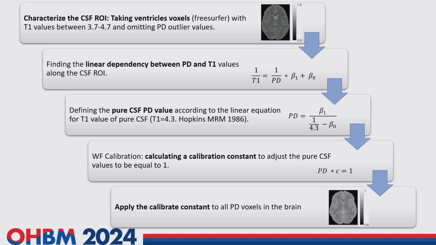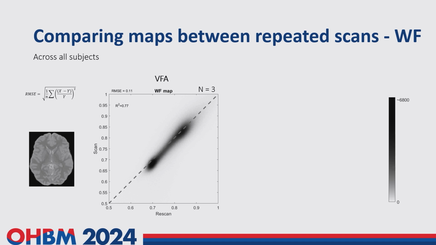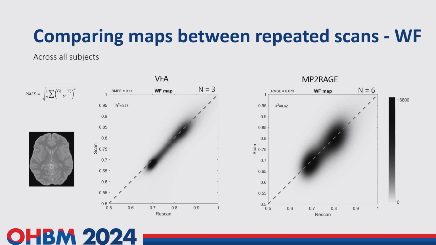Okay, so this is the reliability of this approach to estimate water fraction with variable flip angle. As you can see, it's pretty high. It's not as good as T1, but it's relatively high. This is scan-rescan of 3 subjects. And this is for MP2RAGE. Also highly reliable, and this is important because now we can estimate water fraction also with MP2RAGE, and this is new.